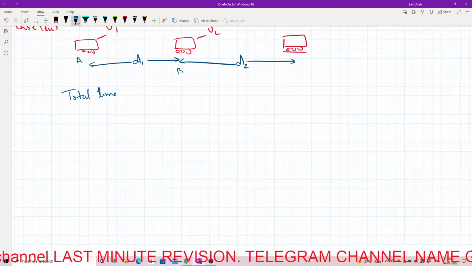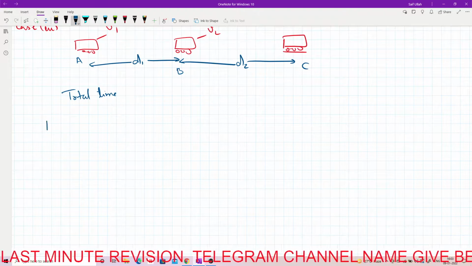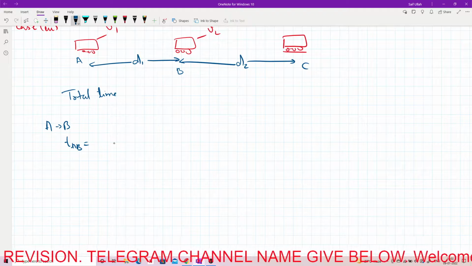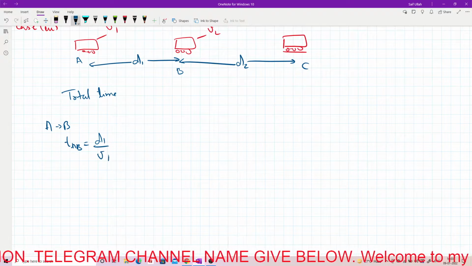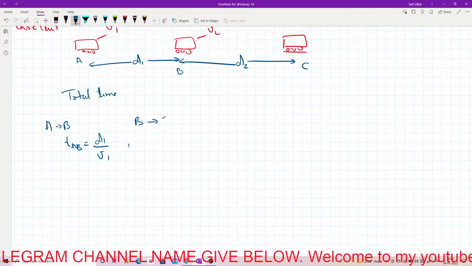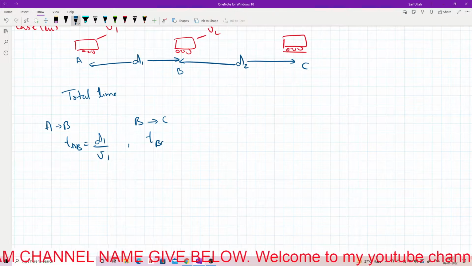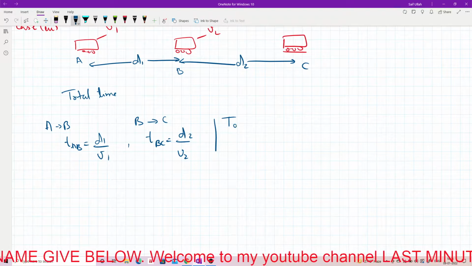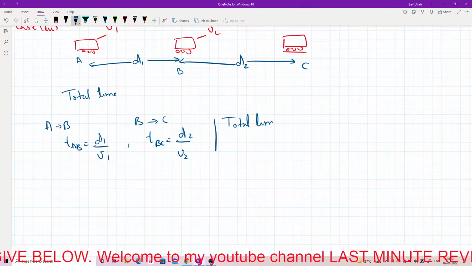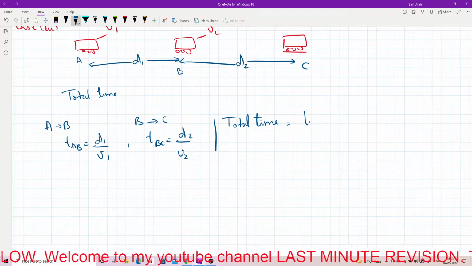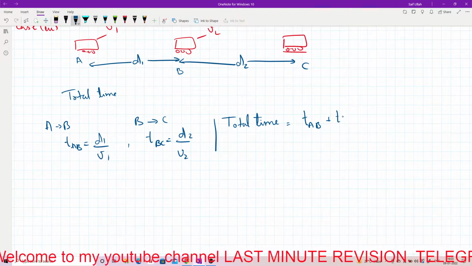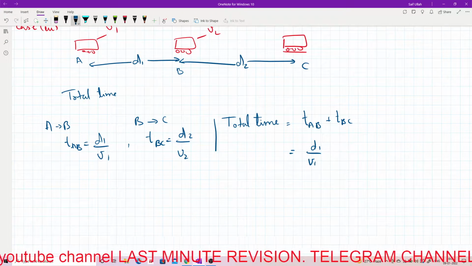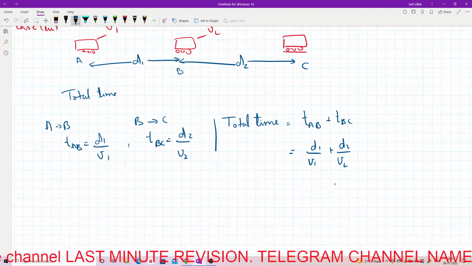A, B, C. From A to B, t_AB is equal to d1 by v1. From B to C, the time t_BC is equal to d2 by v2. Total time is t_AB plus t_BC, which is d1 by v1 plus d2 by v2.